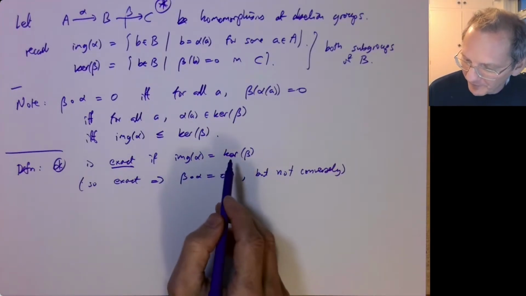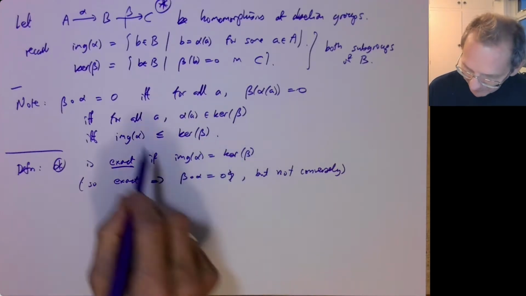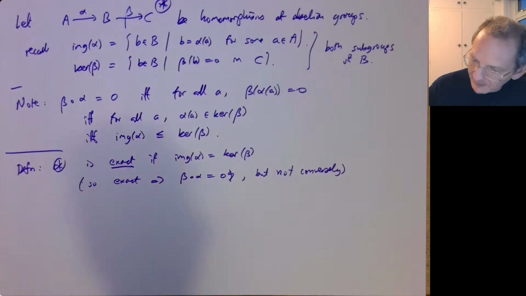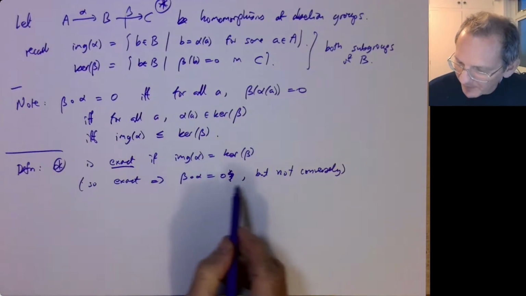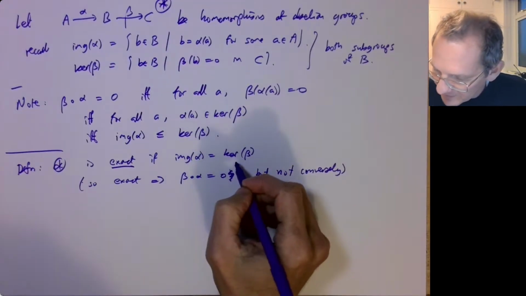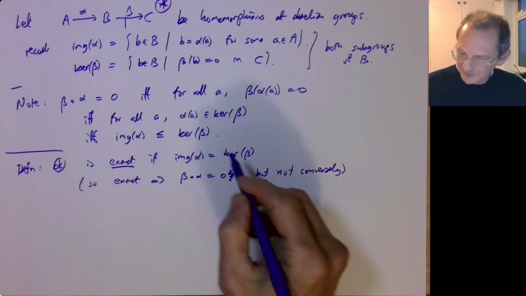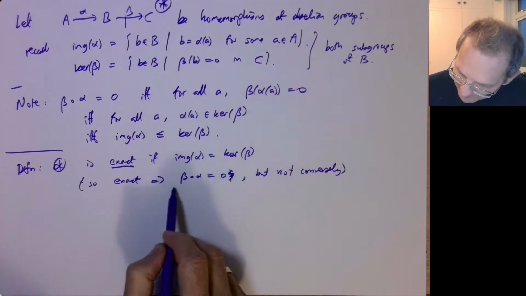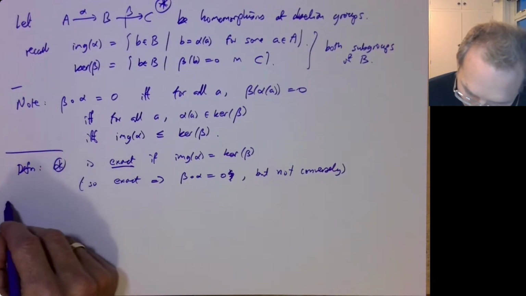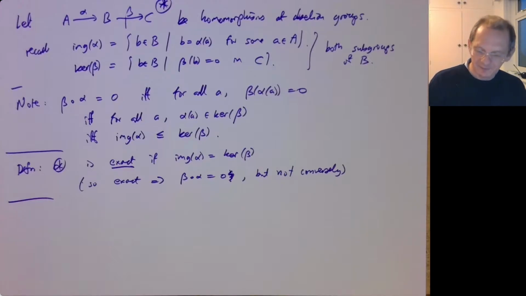The first half, that the image is contained in the kernel, is equivalent to beta composed with alpha being 0, as we just explained above. But then you also have to have that the image of alpha contains the kernel of beta, and that's not automatic. So this condition is like half of exactness, and then the other half is something else. Okay, so that's what we mean by an exact sequence.